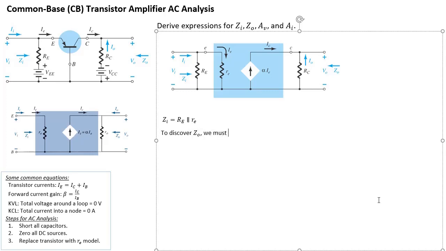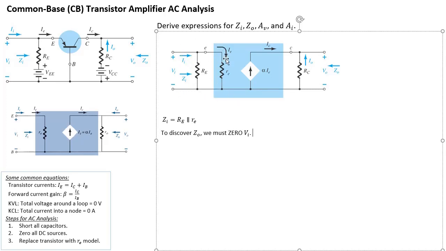When you zero Vi, the top node and the bottom node are connected, so they have the same potential.